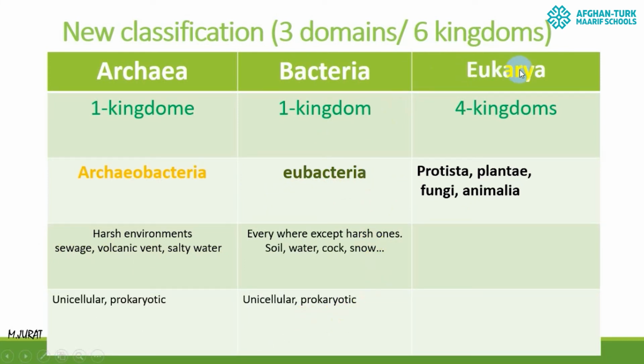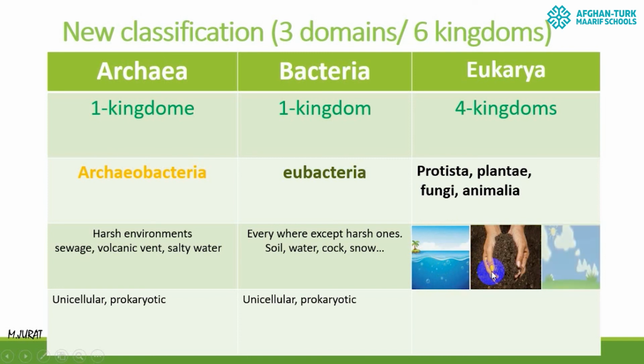About the third domain, eukarya, we can say that it contains four kingdoms: Protista, Plantae, Fungi, and Animalia. About their specific living places, Protists can live inside water or in moist places. Plantae can live on soil and sometimes inside water. Fungi also live in moist places, and Animalia can live everywhere except harsh places. So altogether, they can live inside water, on or inside soil, and also in air.